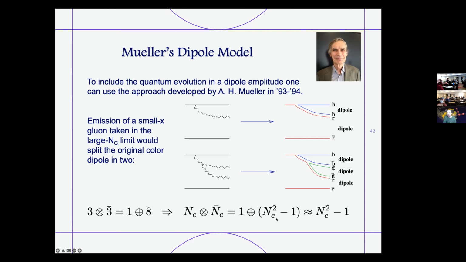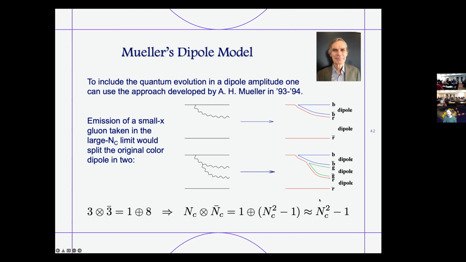Now, if NC is very large, the dimensionality of this representation is much larger, right? So you are always much more likely to be in the adjoint representation. In other words, if you take a quark anti-quark pair, and NC is very large, the odds of that quark anti-quark pair being in a singlet is very slim. Most likely, the quark and anti-quark are in an octet, in the adjoint representation. So we can say that at large NC, NC cross NC bar is approximately NC squared minus 1, and vice versa.